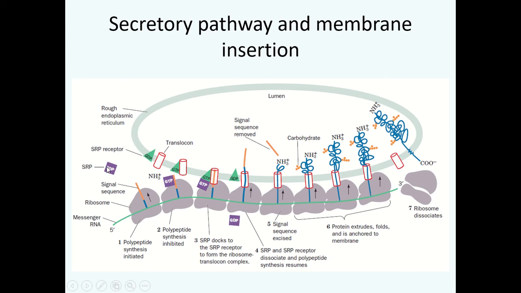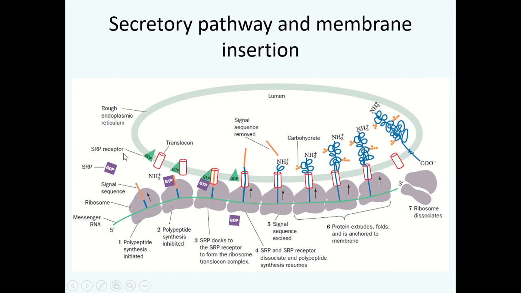So if the SRP recognizes a signal sequence on a protein being synthesized by a ribosome, the SRP binds to it and it pauses the process of translation.